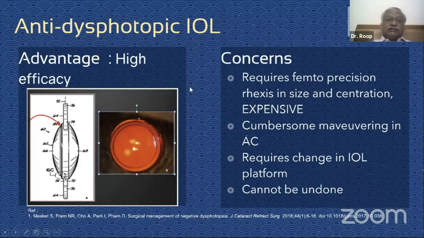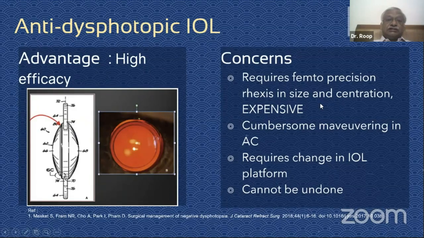Another therapeutic IOL that has been designed by Dr. Masket is known as the Antidysphotopic IOL. It has very high efficacy, and in it the margin of the capsule is buried inside a groove which is made on the haptic optic junction of the lens.